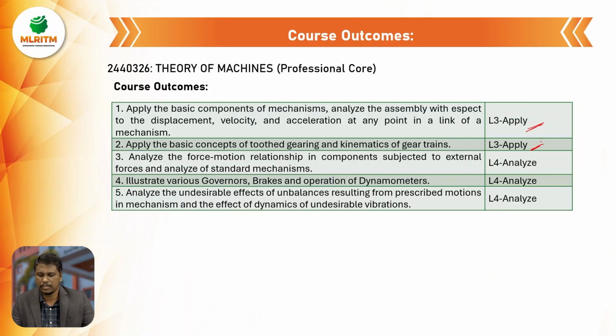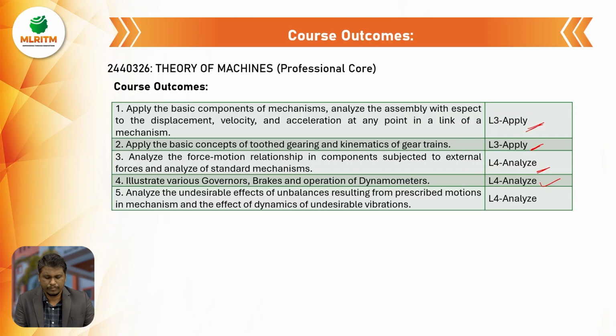That also comes under BL level 3. The third course outcome is analyzing the force-motion relationship in components subject to external force and analysis of standard mechanisms. That falls under BL level 4. The fourth course outcome is illustrating the various governors, brakes and operation of dynamometer. That comes under BL level 4.